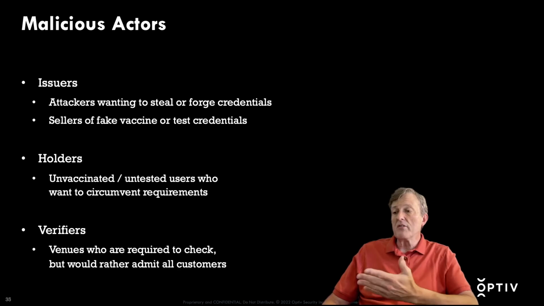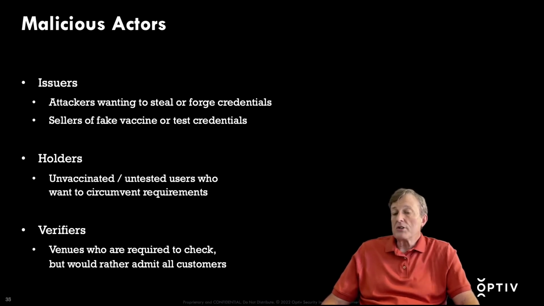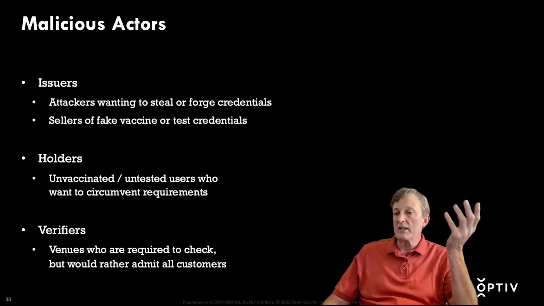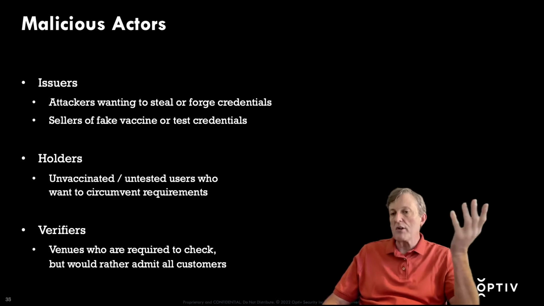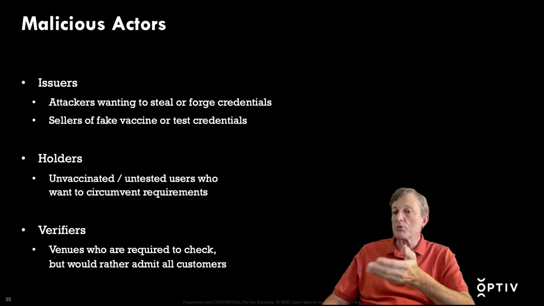And then even on the verifier side, you would assume someone that's using a verifier is someone who actually is trying to be honest. But there are situations where, like in cities in Canada, many venues were required to check. In New York City for a while, restaurants were required to check vaccines.